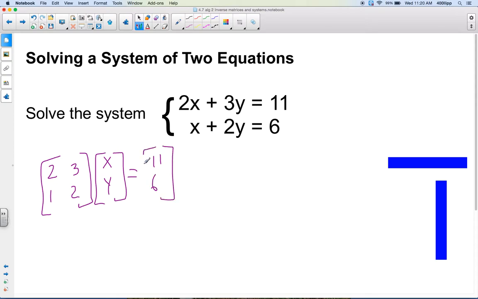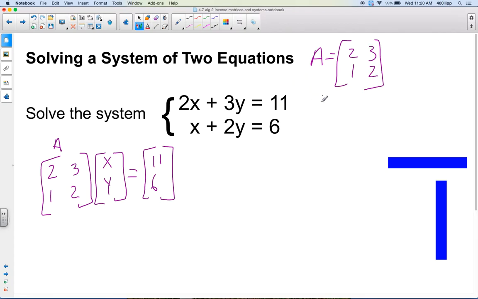In order to solve this, let's call the matrix 2, 3, 1, 2 matrix A. We need to find the inverse of matrix A. That's our coefficient matrix, and we're going to find the inverse by finding the determinant first.